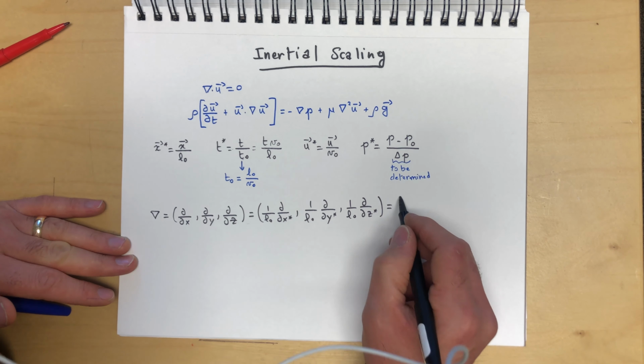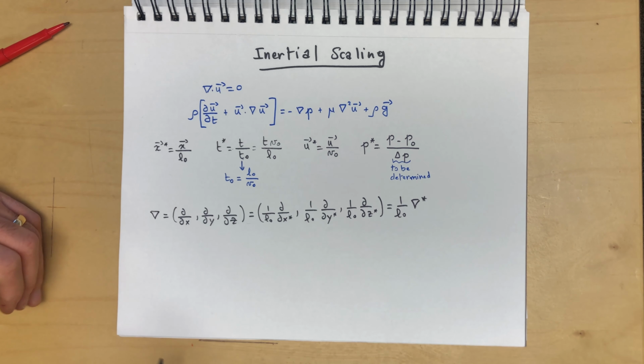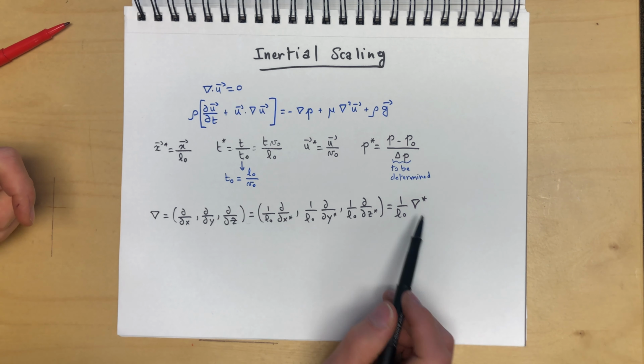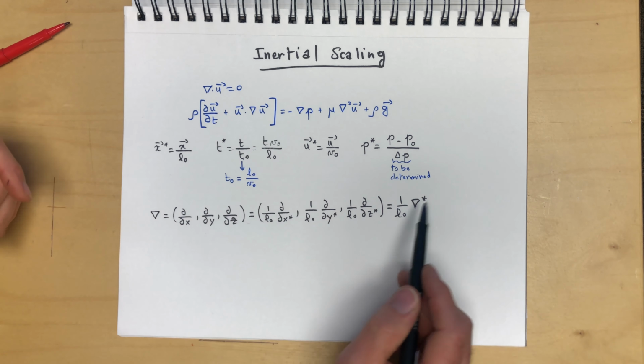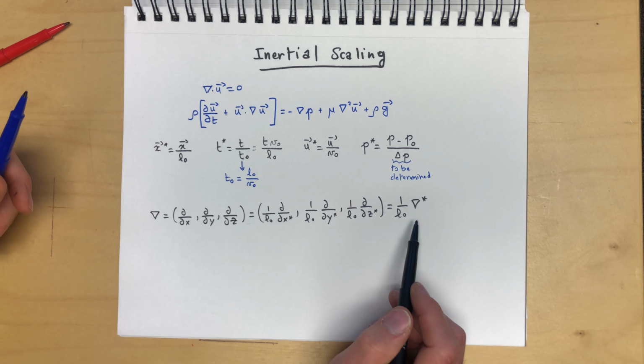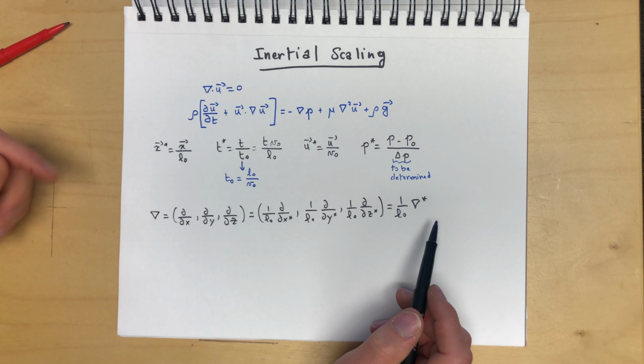And that is 1 over L0 grad star. In other words, grad star is equal to L0 grad, or grad is equal to grad star over L0.